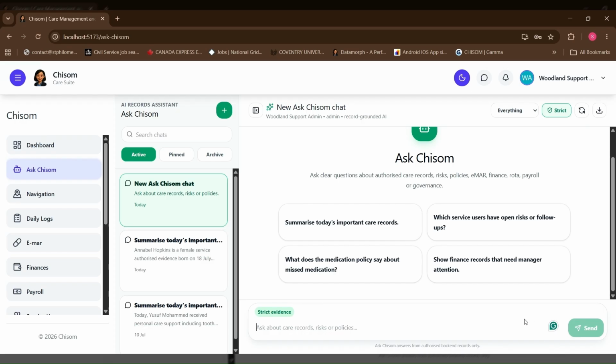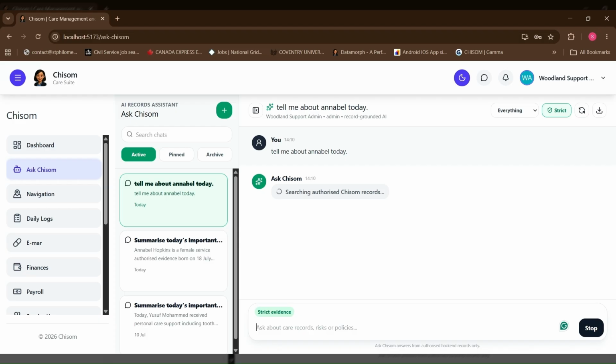So now I can come over to this AI feature and ask Chisom. If management wants to know how Annabelle has been today without checking all the records, management can just come here and say, tell me about Annabelle today.